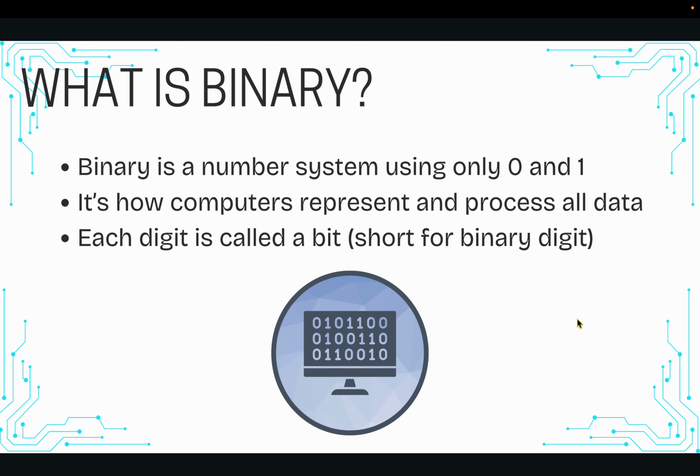So let's deep dive into binary. As I just mentioned, binary is a number system that only has 0 and 1, and that is how your computer represents everything on it. All of the data on your computer is represented that way. Each digit is what we call a bit, which is short for binary digit.